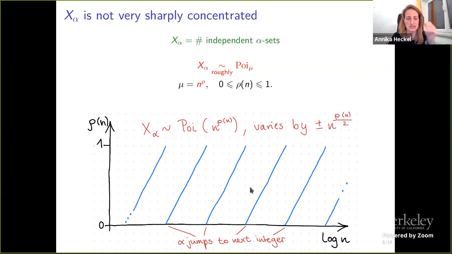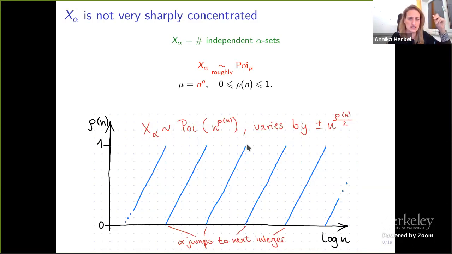So this is a log scale, because then it actually goes up in a straight line like this. So for some alpha, the expected number of independent sets of size alpha starts out close to 1. And then as you increase n, the expected number of alpha sets increases until you have about n alpha sets. And then at that point, independent alpha plus 1 sets start appearing.